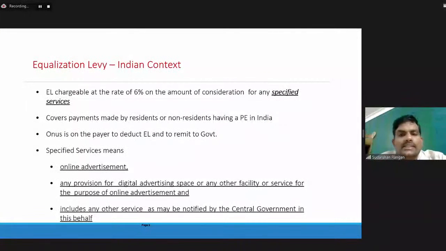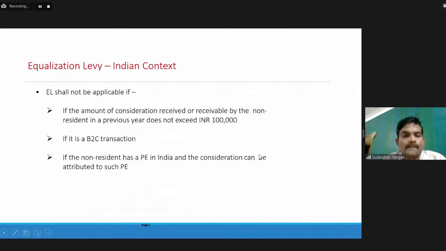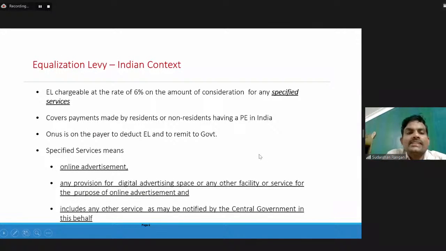With this, let's get to the provisions of equalization levy. What equalization levy says is, this levy is only applicable for non-residents, because they want to target only these non-residents. Why don't they want to target residents?